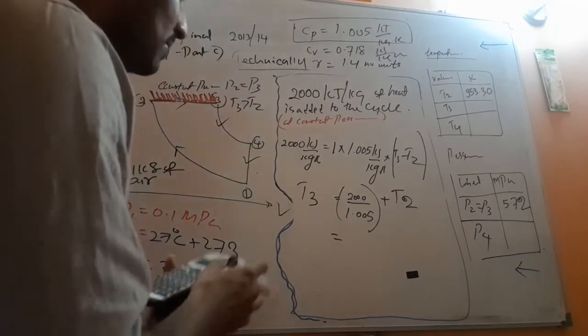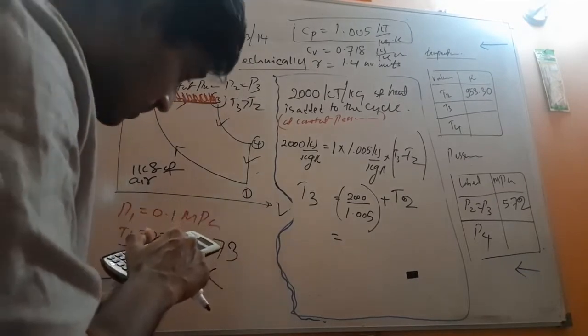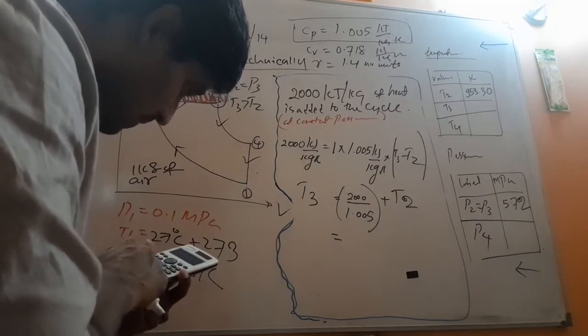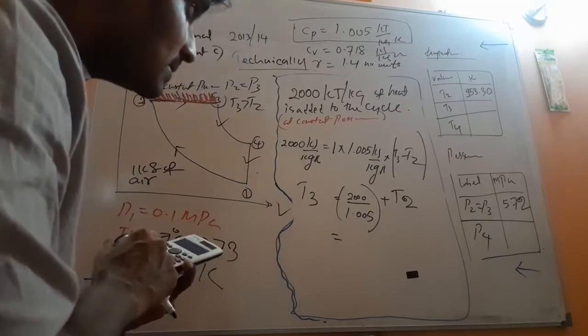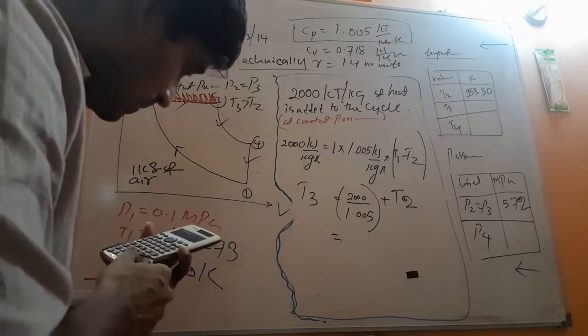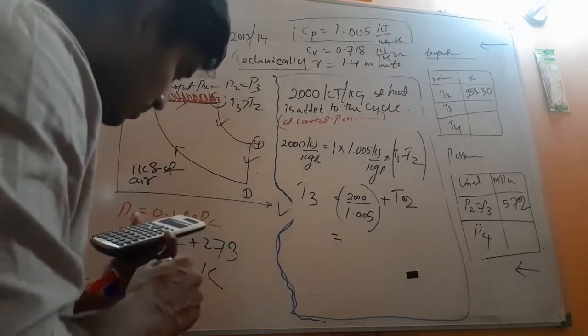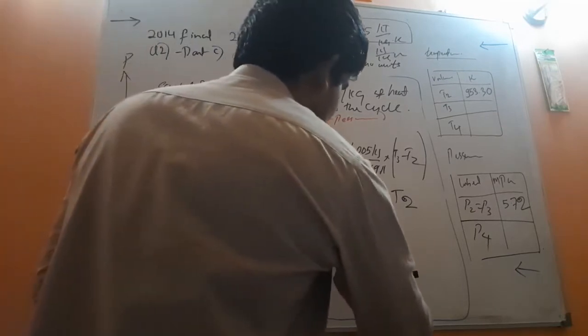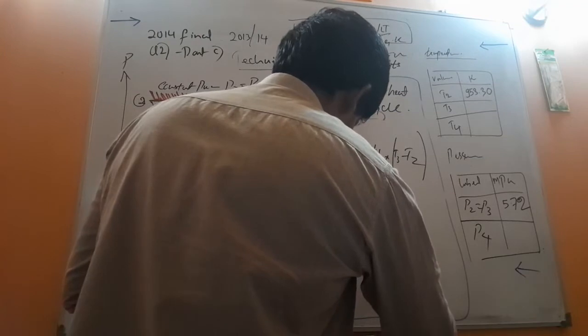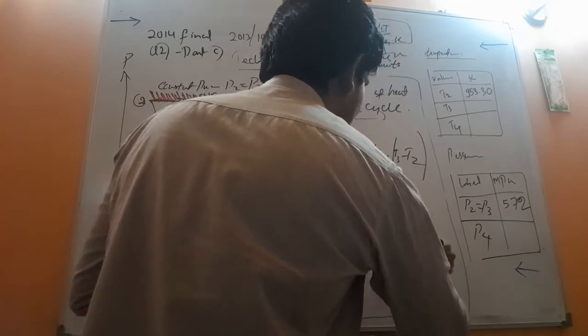2000 divided by 1.005 will be lesser than 2000. 2000 divided by 1.005 plus 953.30 gives 2943, a very high temperature. 2943.35 Kelvins.